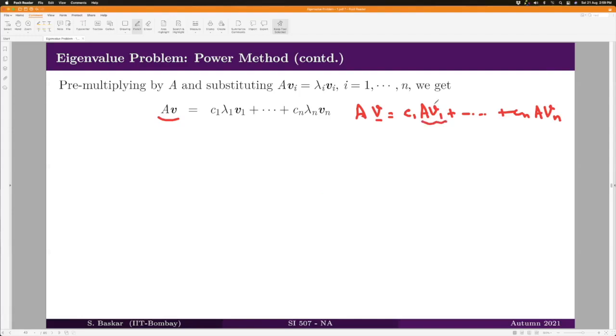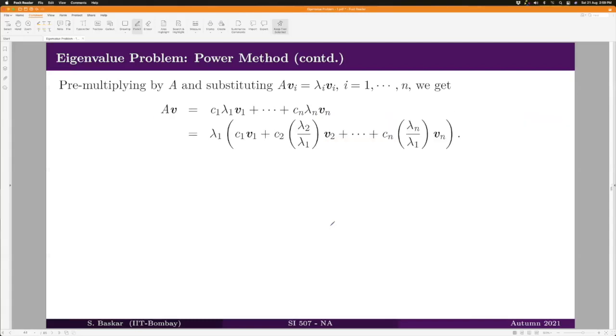Now, since v1 is the eigenvector corresponding to lambda 1, this can be written as lambda 1 v1 and so on, and this can be written as lambda n vn, right? So that is what we have written here. Once you have this representation for Av, then you can take lambda 1 outside as a common factor and write the right-hand side expression like this.